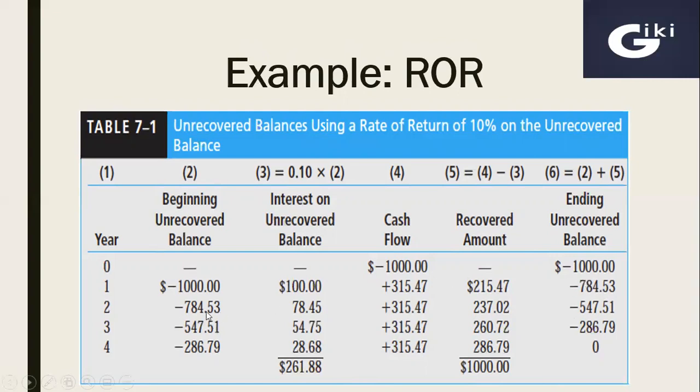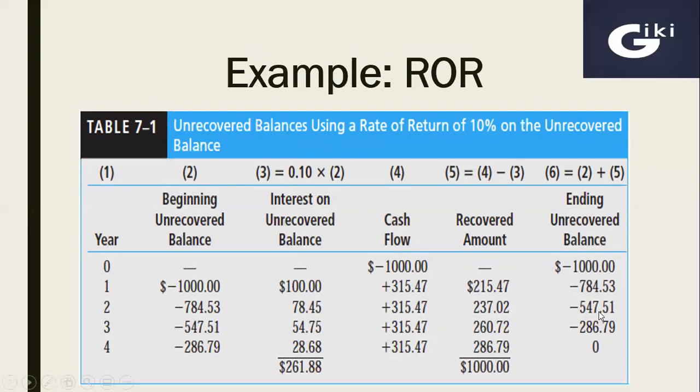So 10% of this amount will be $78.45, and the cash flow in total is $315.47. So 315 minus 78.45, the remaining amount that is recovered is 237.02, and the ending unrecovered balance at the end of the second year will be 784 minus 237.02, which is 547.51.